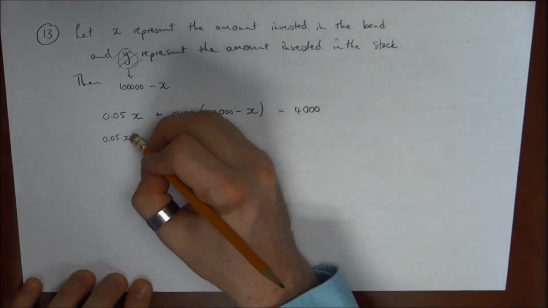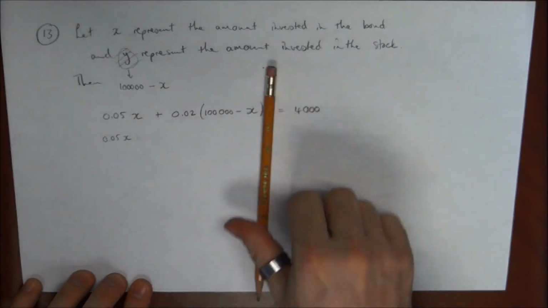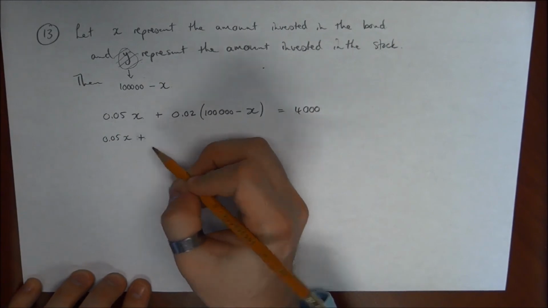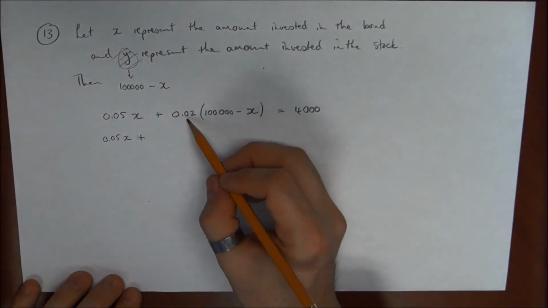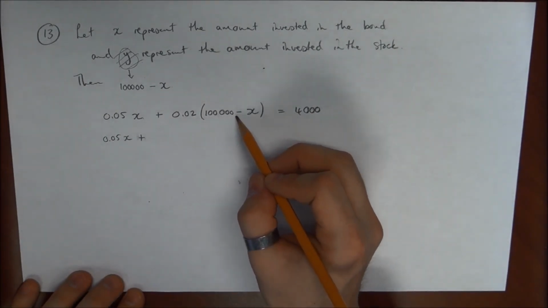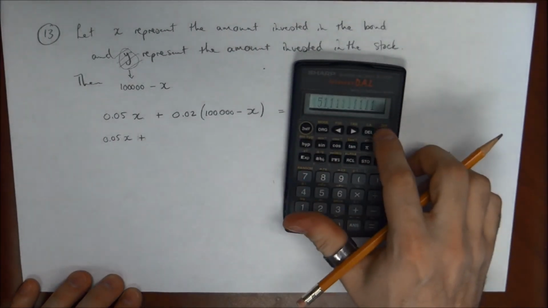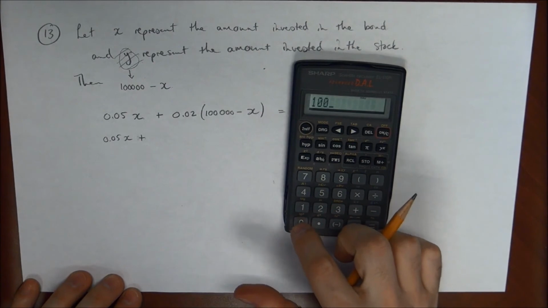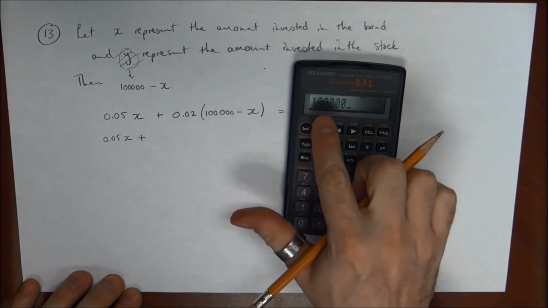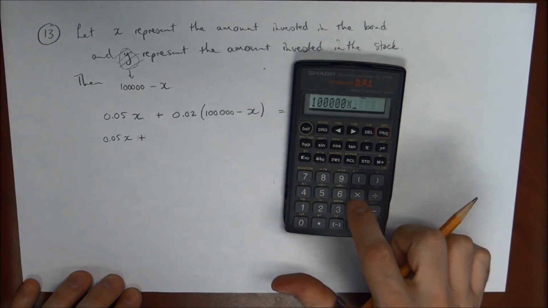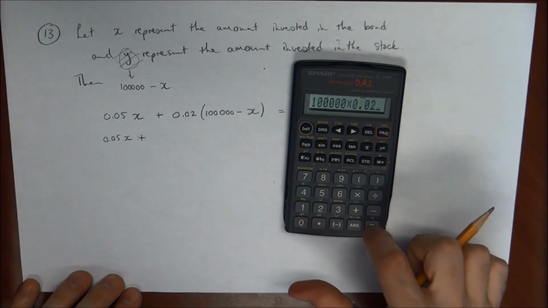Oops, not an equal. Plus 0.02 times 100,000. If you're not sure, I'll show you that it's not embarrassing if you want to use a calculator. 100,000 times 0.02.